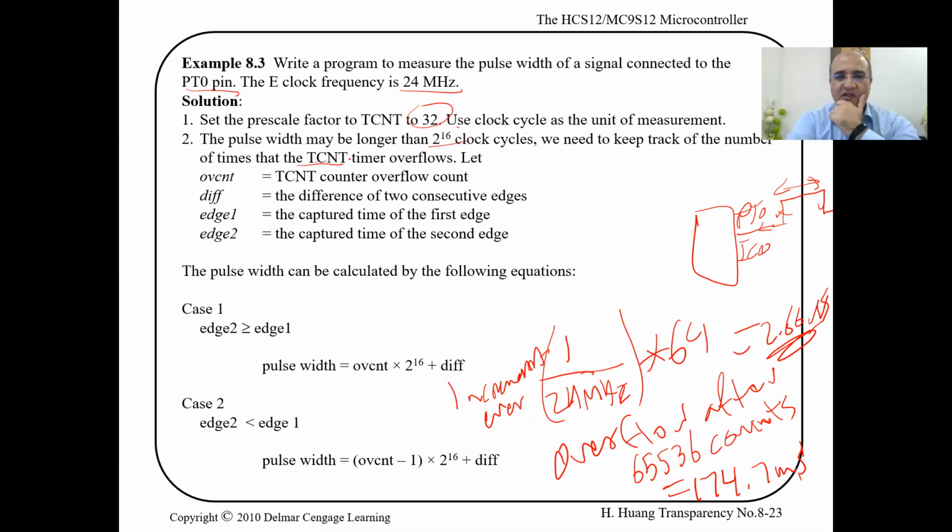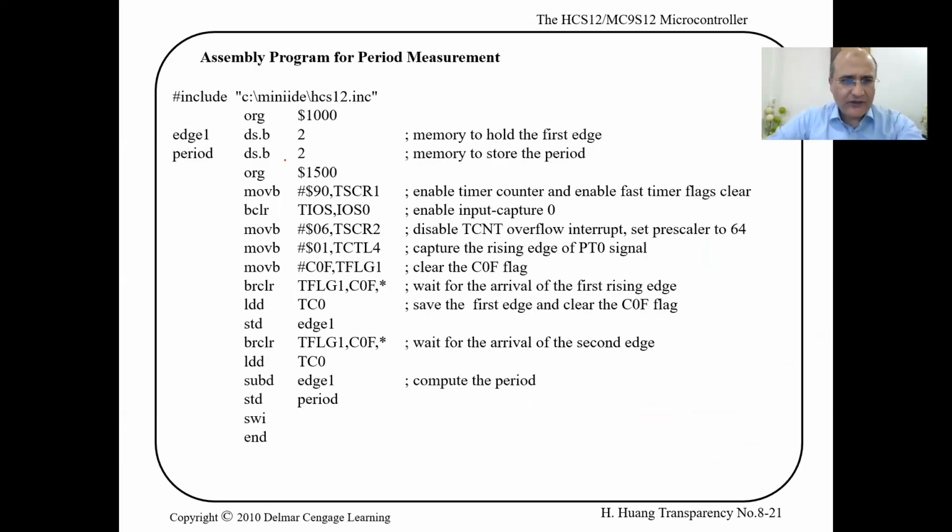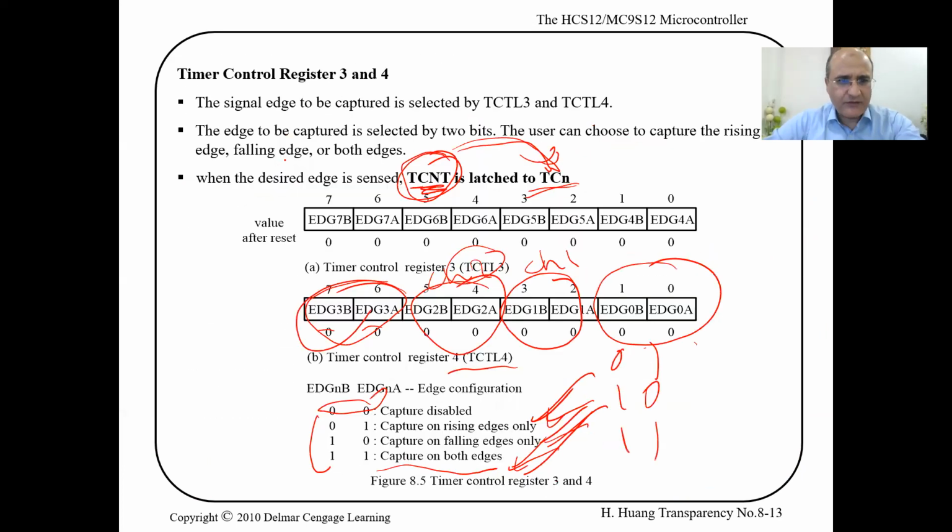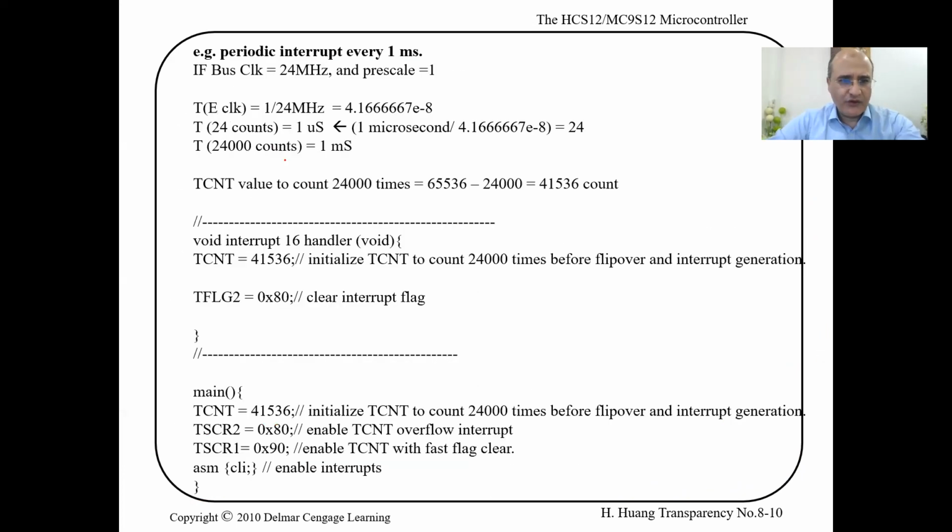We set the speed. We enable the timer overflow interrupt. Inside the timer overflow interrupt, I think I did some example last time, call something like count++, defined globally.